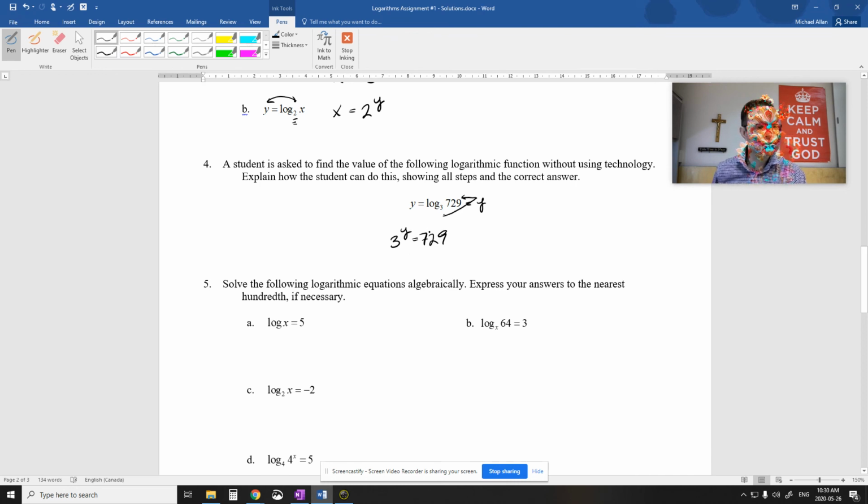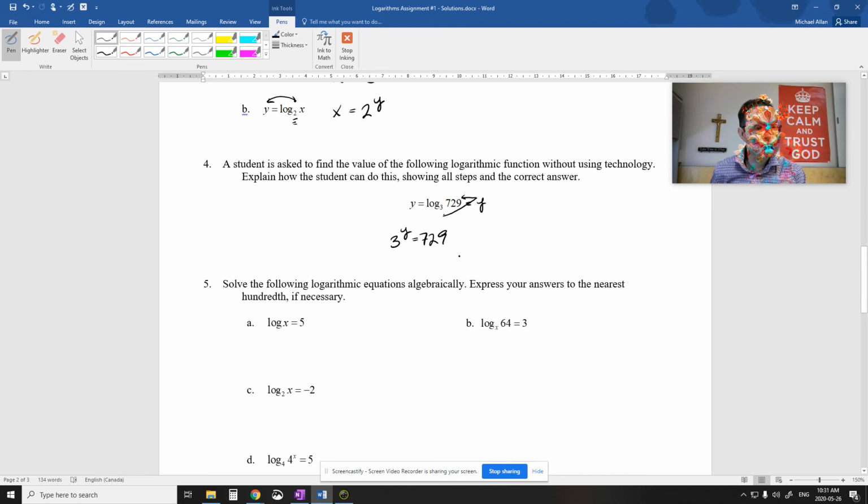So this is how I would start this and say, okay, 3 to the power of y. So 3 to the power of y is 729. If I didn't have my technology in front of me, I would look at my chart, okay? And I would just try to find out what value I would put in my exponent to make sure that I get 729, right?